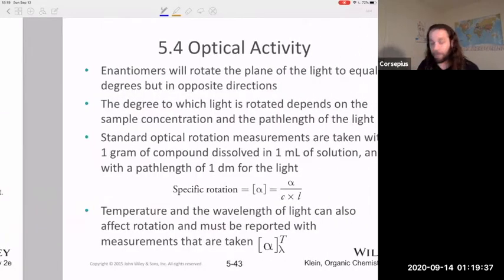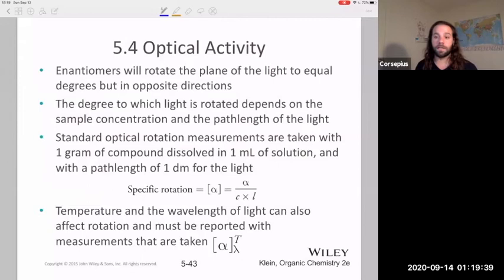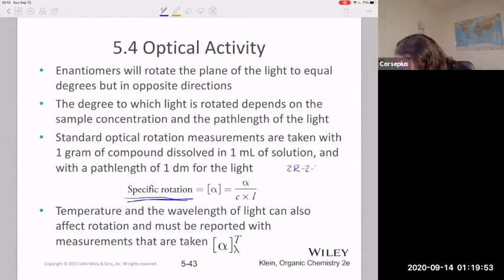Okay, we measure the degree to which something is optically active. And we call it that compound's specific rotation. So this is actually the angle at which it rotates light. So for example, 2R-2-butanol might have a specific rotation of negative 15.0 degrees.